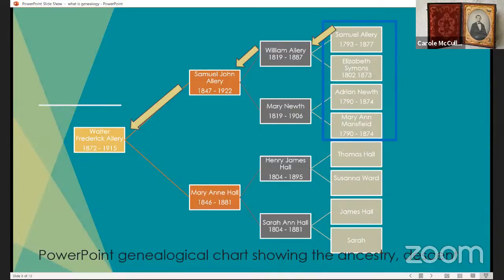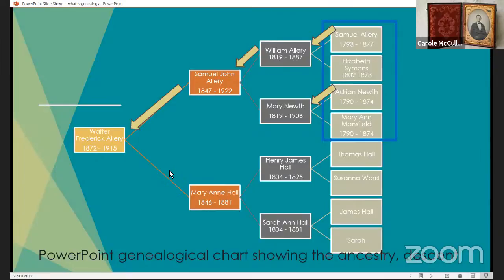That's his paternal line, another phrase to become familiar with. And on his maternal line, he is descended from Adrian Newth, whose daughter was Mary Newth, married to William Ellery.